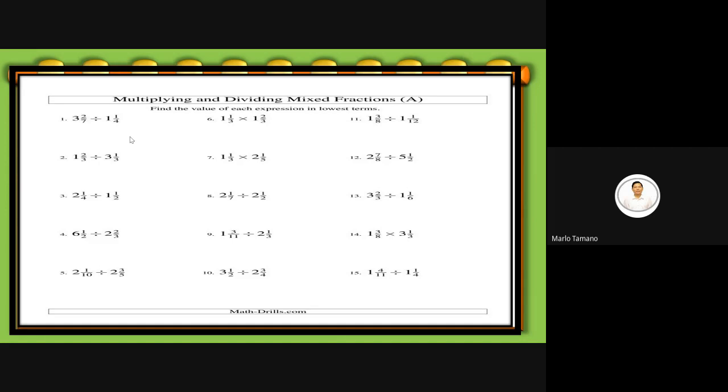Now, pwede na ninyong i-cancel po yung parehong 3 doon, 1, 1. Pwede na ninyong i-cancel yung 5 and 10. So, how many 5 do we have from that 5? How many 5 do we have from that 10? 2. So, anong final answer? 1/2. That is correct. Sa boys, may nakakuha?